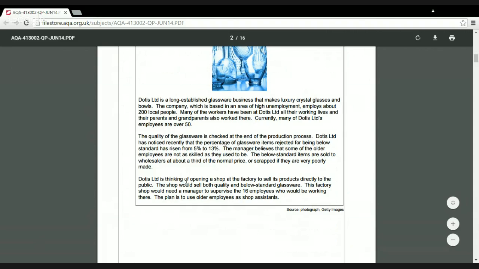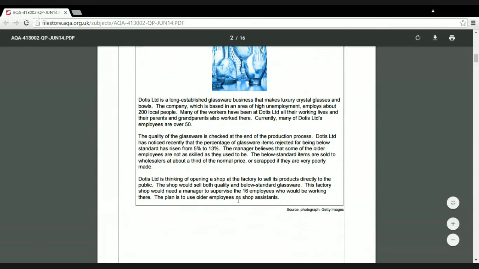Dotis Limited is thinking of opening a shop at the factory to sell its products directly to the public. The shop would sell both quality and below standard glassware. This factory shop would need to supervise the 16 employees who would be working there. The plan is to use older employees as shop assistants.